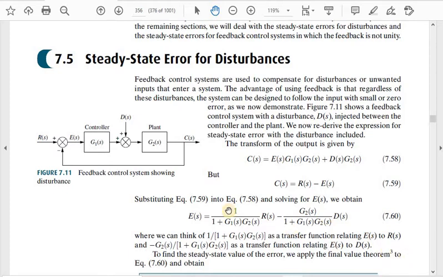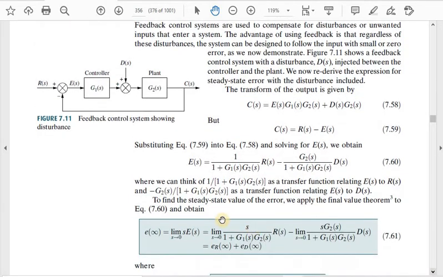Now to find the steady state, we have to apply the final value theorem, if you remember. For the final value theorem, one of the conditions is that your system must be stable. After fulfilling the condition, if I apply the final value theorem, I get the steady state error that I represent by e infinity, because steady state is the output when the transient has died out and the system has settled down.